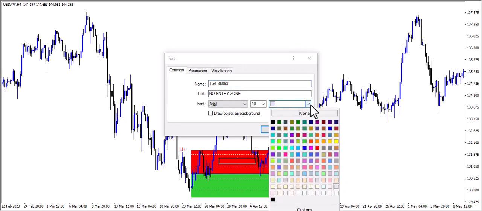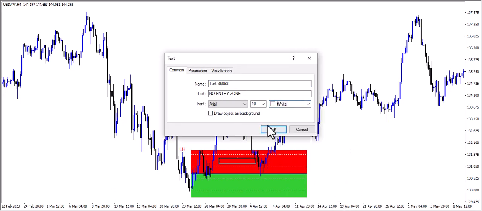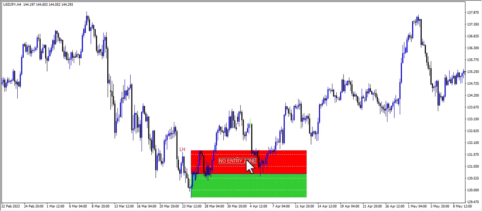Right, the red, no entry zone. Is it gonna be visible? Yes. Right, the red is a no entry zone. Even if you see an opportunity on this side, you do not enter, ever. Why? Because the market might trade lower, so you don't wanna be taken out that easily.